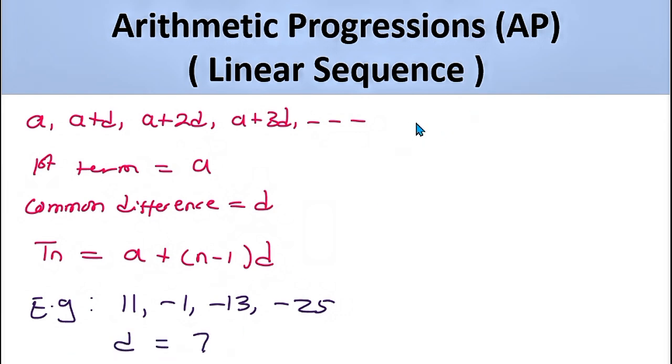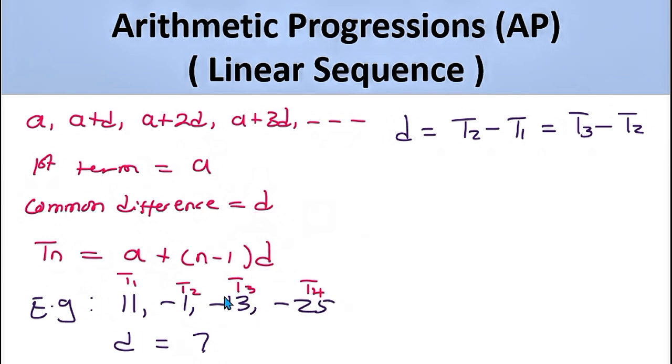What we are going to do is that we know the common difference is given by the difference between the second term and the first term, and the difference between the third term and the second term. So in this expression, this is the first term, this is the second term, this is the third term, and this is the fourth term. Let's go ahead and substitute into this expression.